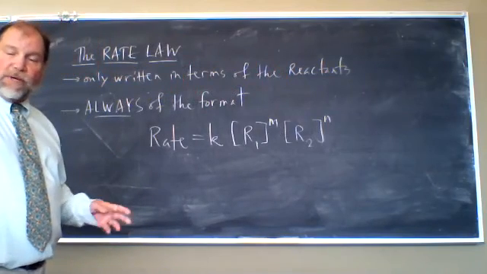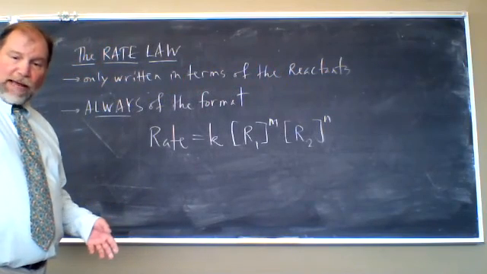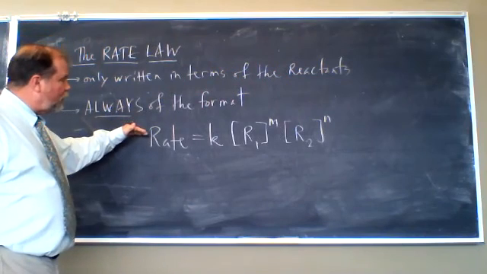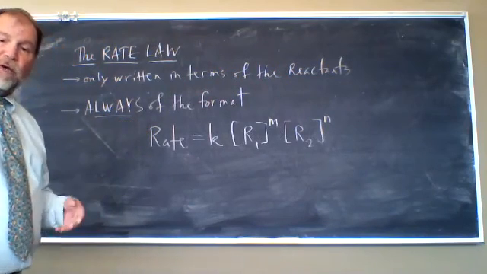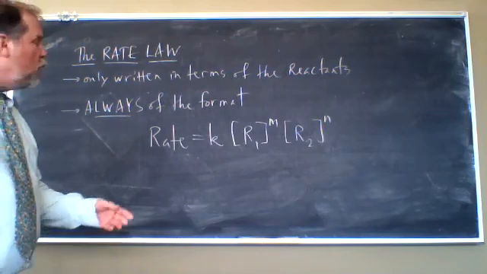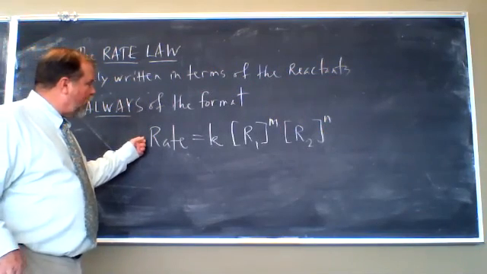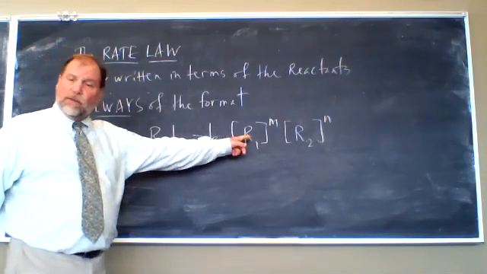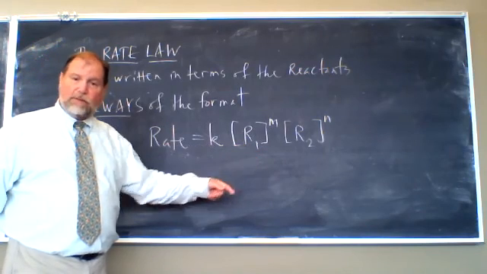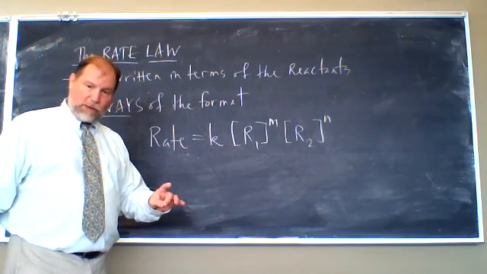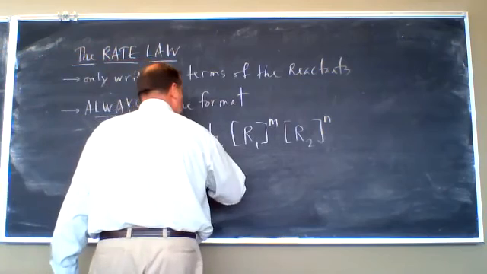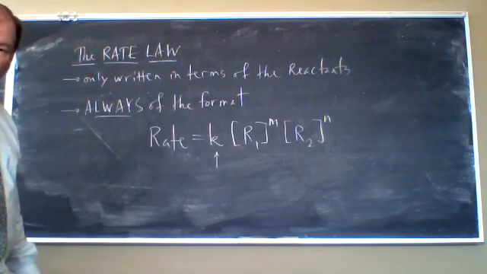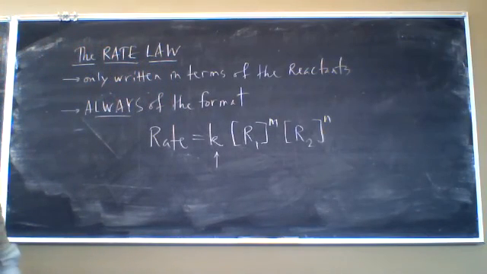Typically, we only work with chemical reactions that have a maximum of 2 reactants, so we can stop here. But the idea is, in order to write the rate law, we write it in this particular format. Rate is equal to k times the concentration of each reactant raised to its own power. And lowercase k here is what is referred to as the rate constant.